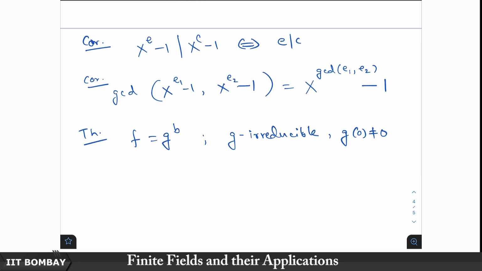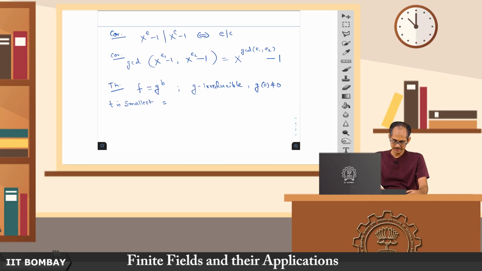What is the order of f? The order of f is computed in the following way. Suppose t is the smallest integer such that b is less than or equal to p^t.